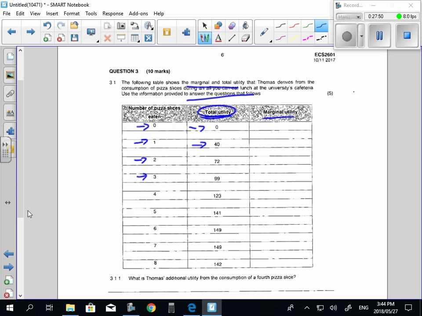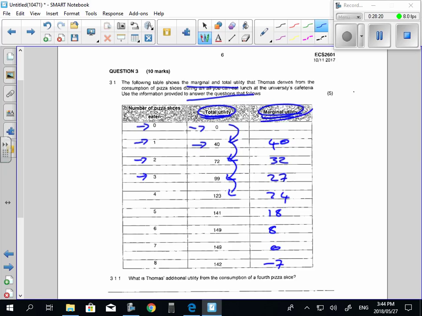When you calculate your marginal utility, again, it is the change in total. So from 0 to 40, the marginal utility for the first pizza was 40. From 40 to 72, it was 32. From 72 to 99, it was 27, 24, 18, 8, 0, and minus 7.